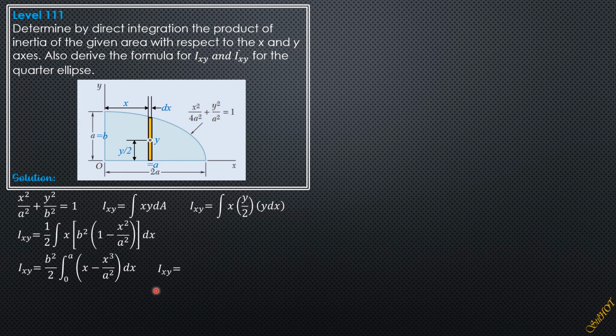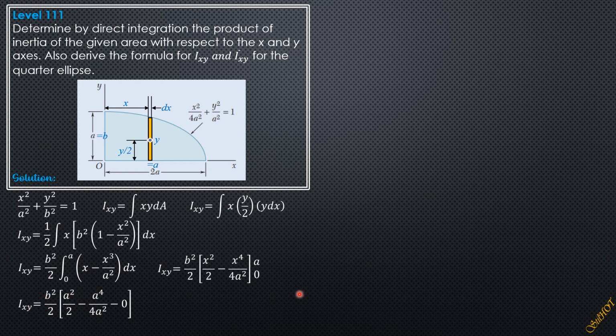So Ixy equals b square over 2 quantity x square over 2 minus x to the fourth over 4a square from 0 to a. So Ixy is b square over 2 quantity a square over 2 minus a to the fourth over 4a square. Lower limit is 0, so minus 0. These are like terms: 1/2 minus 1/4 is 1/4 a square times b square over 2.